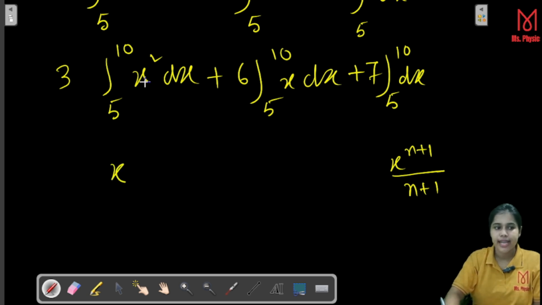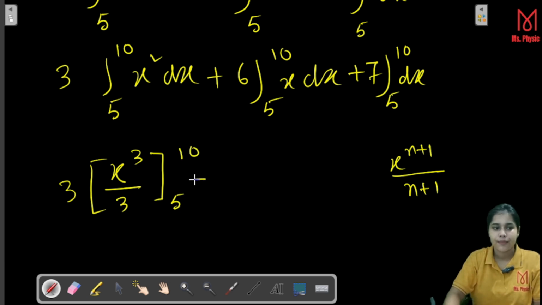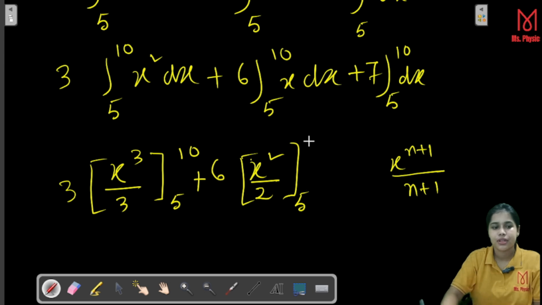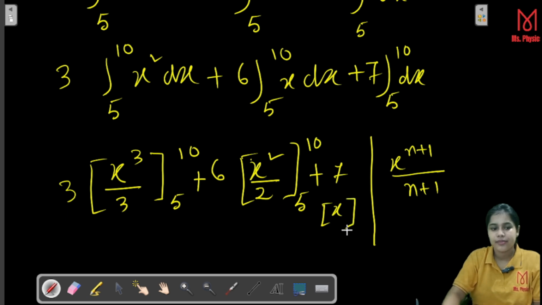Here n+1 means 2+1, that is 3, so x³/3 from 5 to 10, plus 6 times, with n = 1, so 1+1 = 2, x²/2 from 5 to 10, plus 7 times the integral of dx, which is x, so 7x from 5 to 10.